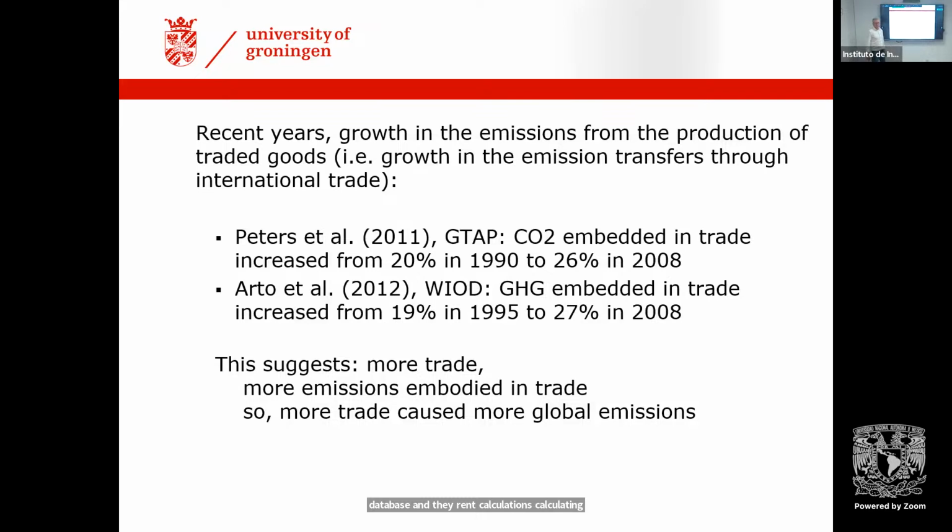So it's slightly different from footprints, because then you're not only interested in CO2 embedded in your trade with other countries, but you're interested in a footprint: my CO2 that is embedded in your use of final products.